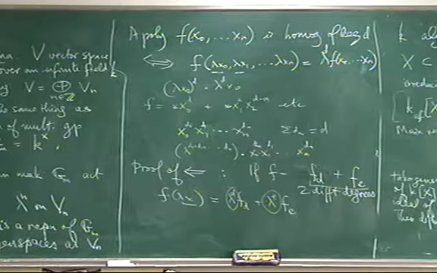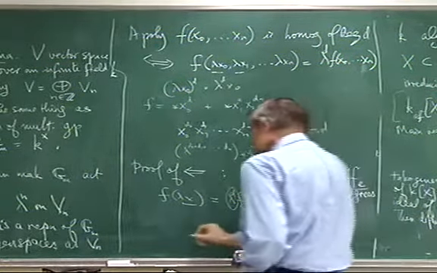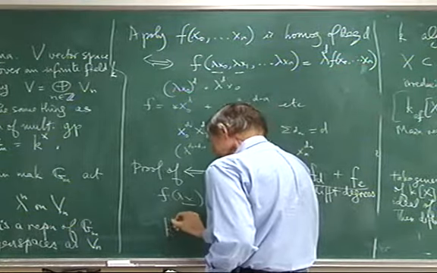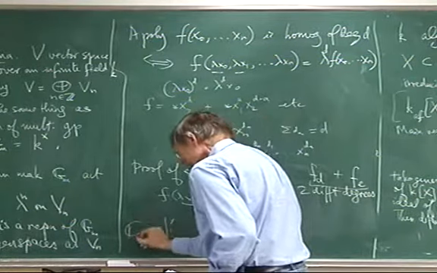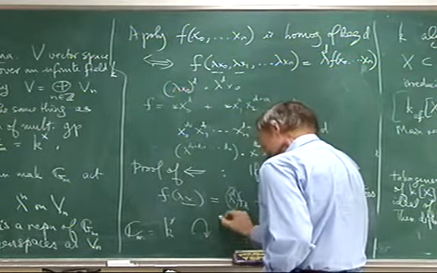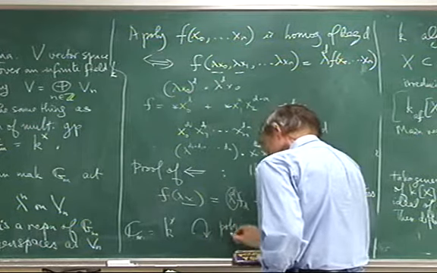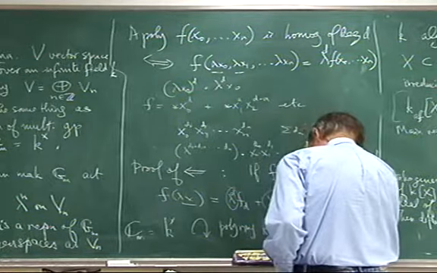Okay, maybe I'm making this a bit too abstract. So K star, the multiplicative group of the field, acts on the polynomial ring K of x0 up to xn.